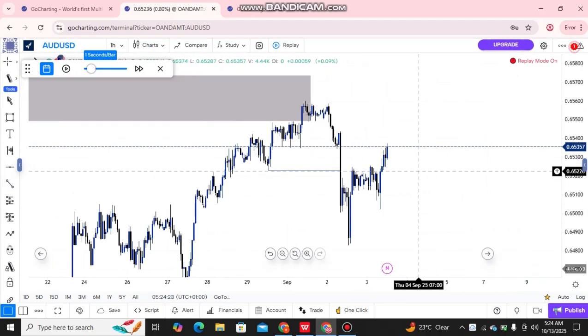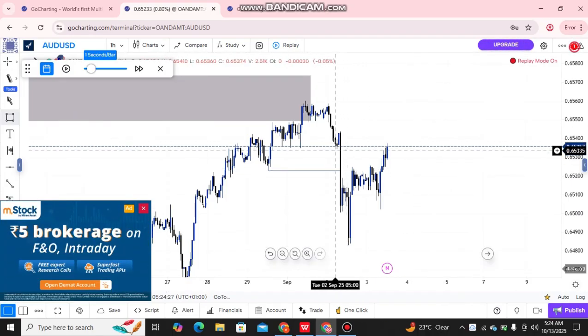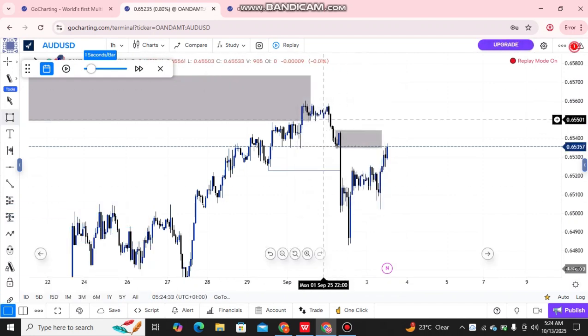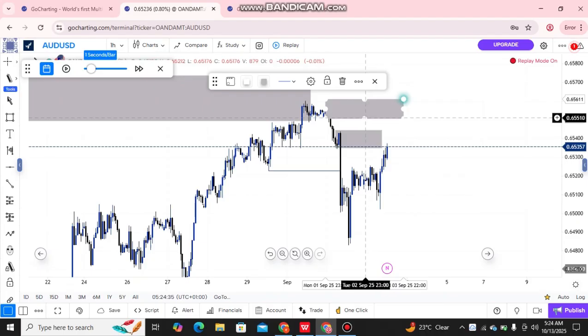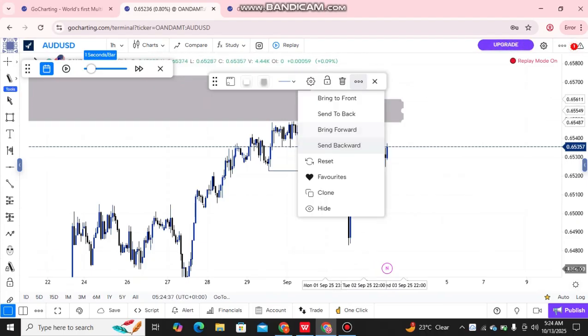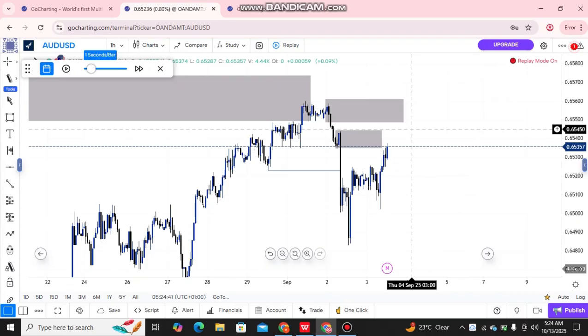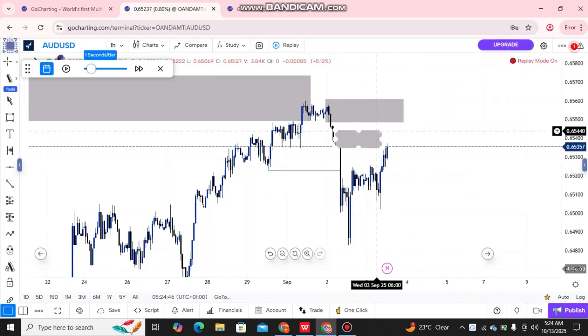Where is my nearest supply, or my nearest supply zones? So we have two zones here. We have one, right? We have one, and then we have two. This is number two. So now a lot of people get confused in scenarios like this, like what zone are you going to trade off? And I'm going to teach you in the next class about premium and discount levels.